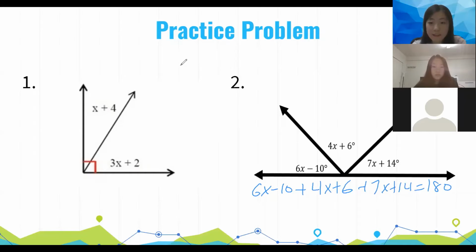So 6x plus 4x is 10x, and then plus 7x is 17x. And then negative 10 plus 6 is negative 4. Negative 4 plus 14 is 10. Yes, that's correct.